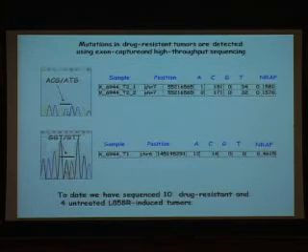We have already sequenced 10 drug-resistant and 4 untreated L858R-induced tumors, and we have been trying to call single nucleotide variants for about 6 months now.